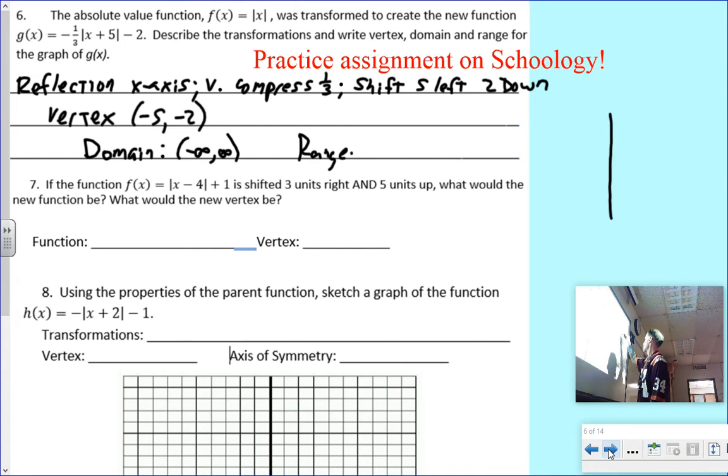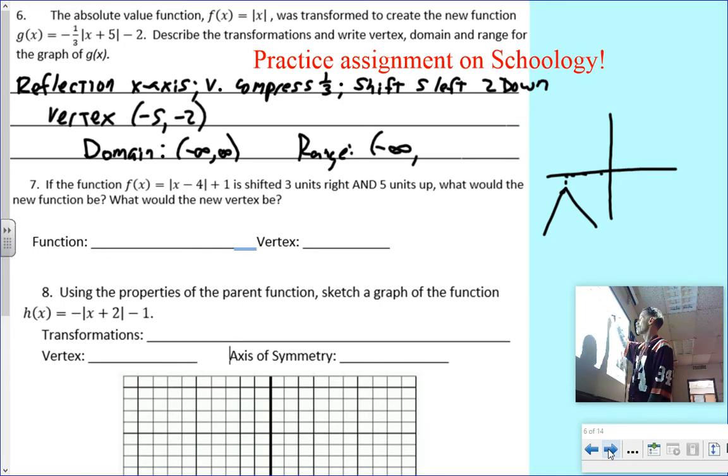Because if I were to sketch this graph, left 5 down 2, so down here somewhere, but it's also upside down. So now the range is going to be negative infinity to negative 2, still with a bracket. See, the K value didn't change. Just the order changed because now it's going upside down.